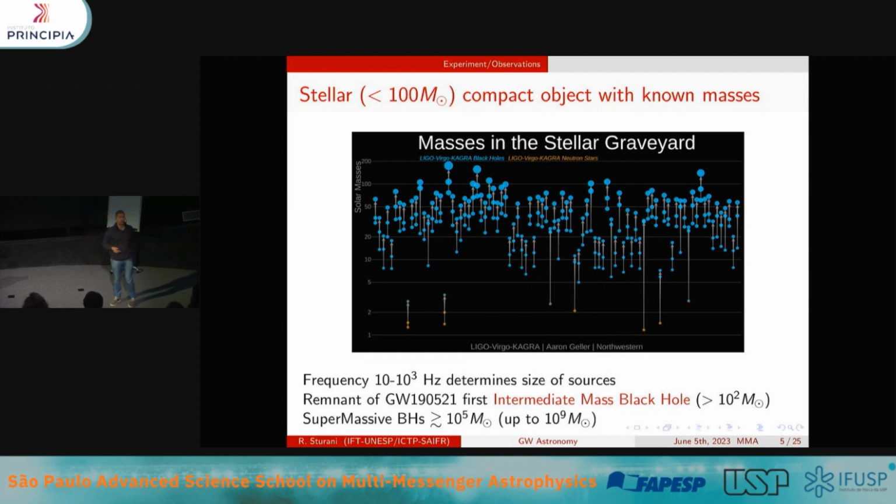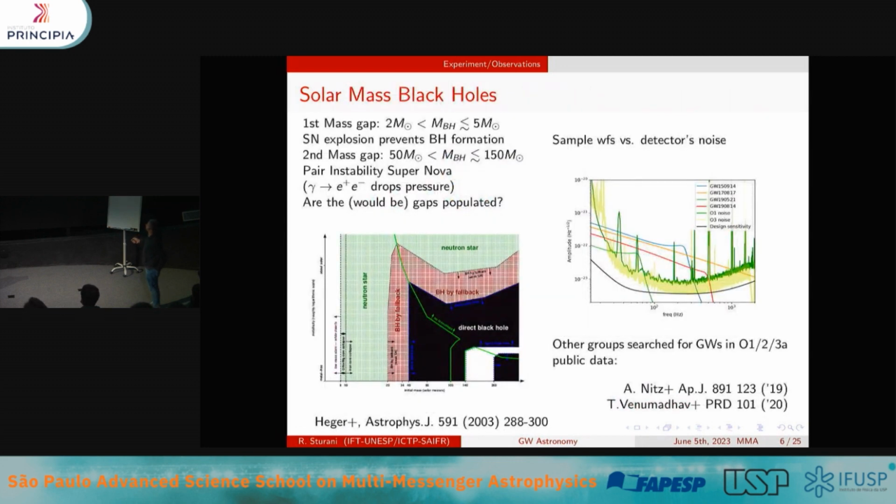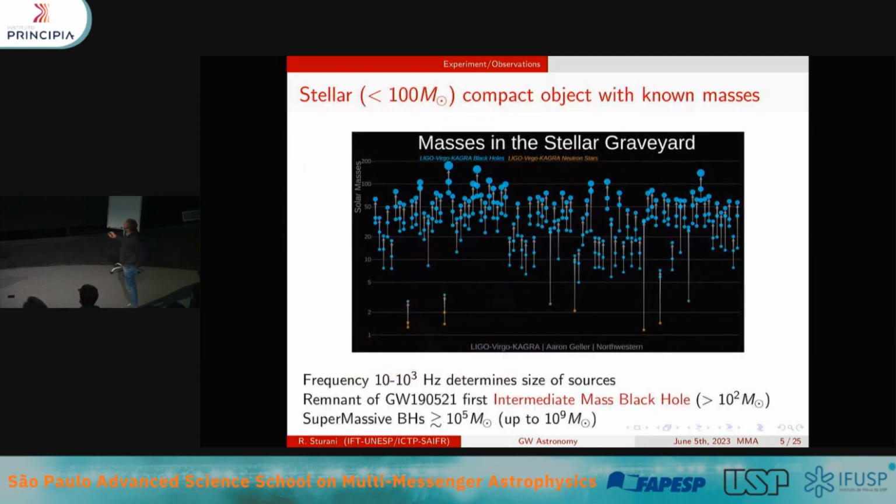They were a surprise 20 years ago, but nowadays they are common stuff. We believe that most galaxies have a supermassive black hole at their center. There is just this desert between 10 to the 2 and 10 to the 5-ish that we hope to fill with future experiments.